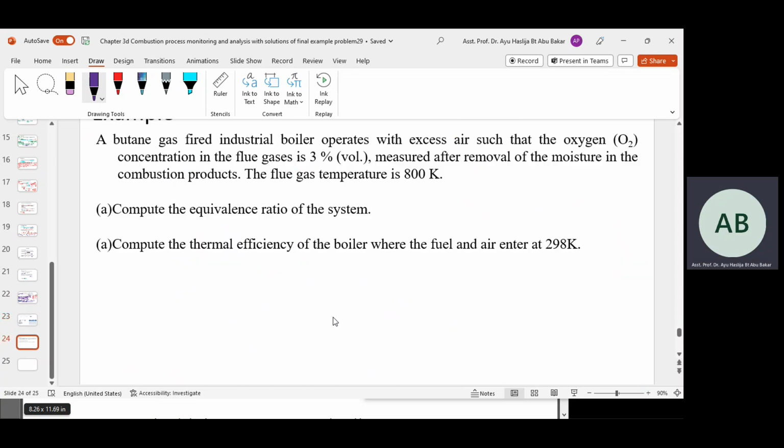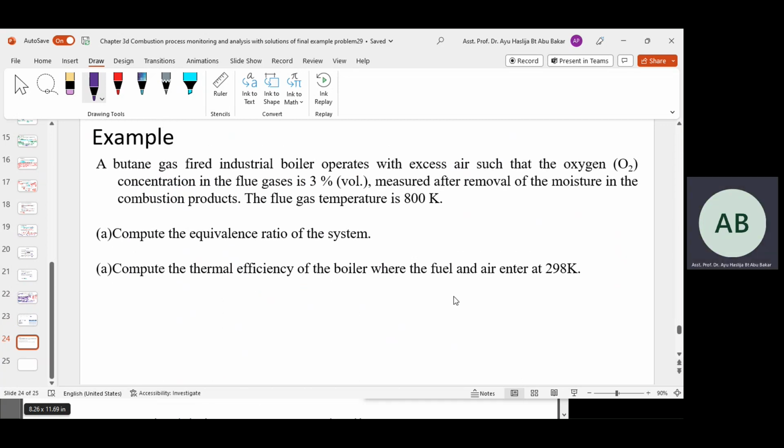Okay, if you're done, try to do this. Just now it was propane, now it is butane. The concentration of O2 in the flue gas is 3% instead of 2% just now.